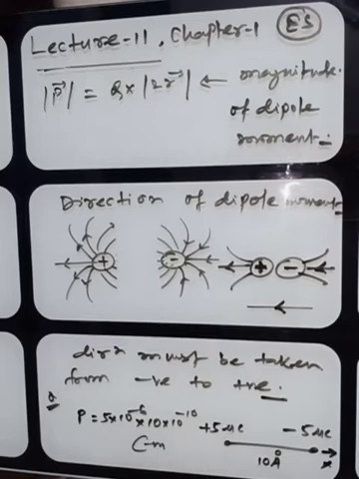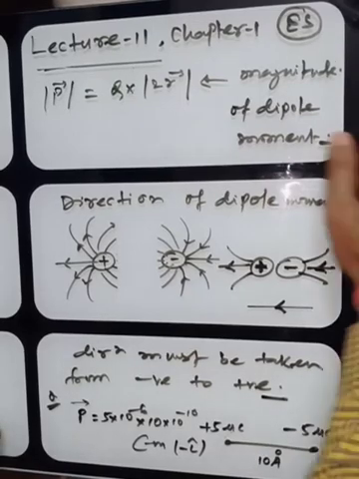Remember, coulomb meter, and the direction will be, if you put here as a magnitude the vector quantity, along i cap or minus i cap. Of course the answer will be minus i cap, from negative to positive, so it is minus i cap. Okay student, now let me take another example quickly.